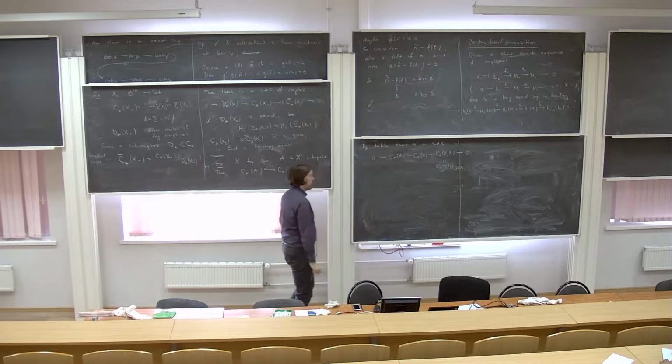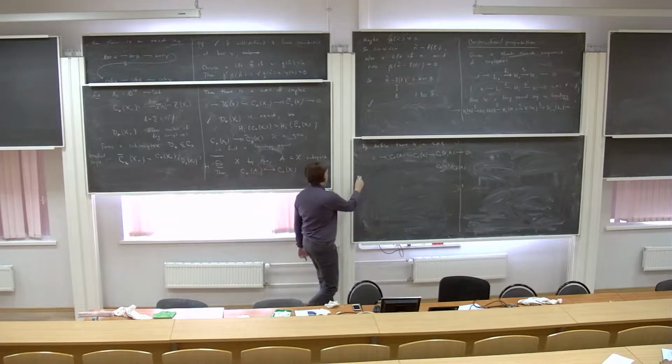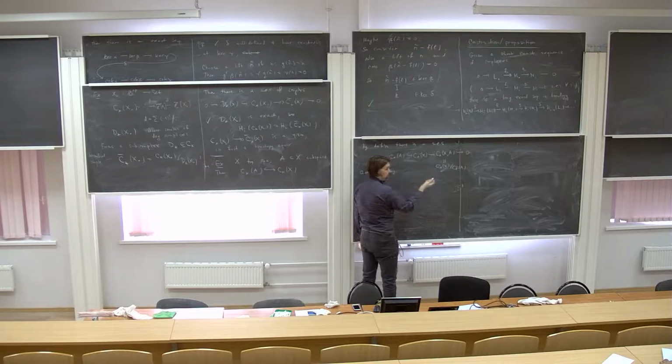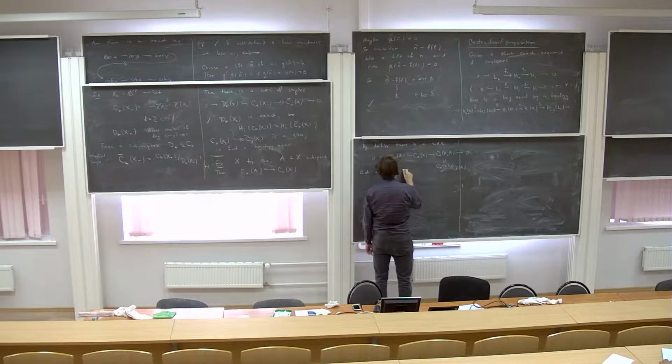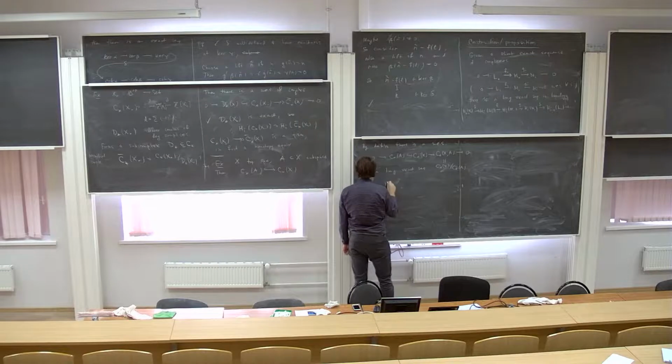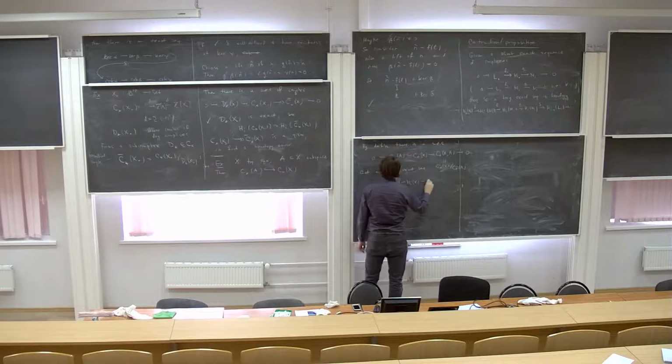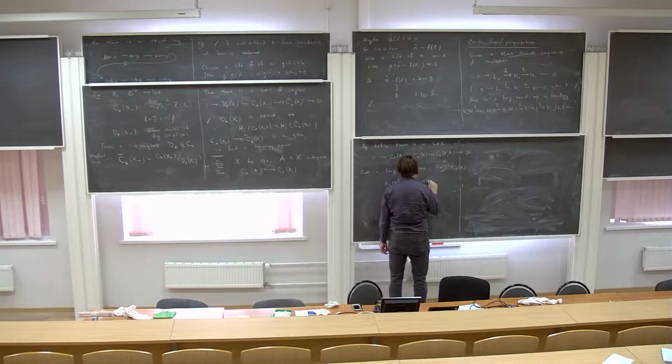And then you get a long exact sequence in homology relating homology of A to homology of X to relative homology of X relative to A. And this long exact sequence is very important in computing homology of spaces.